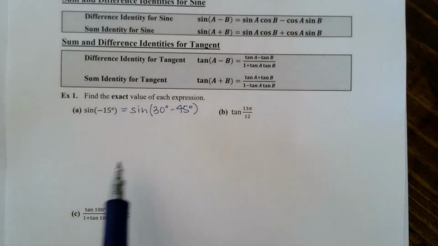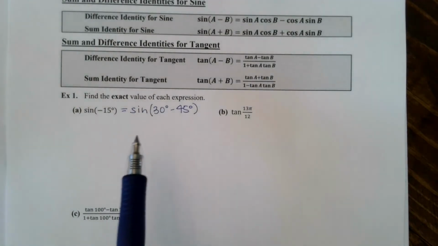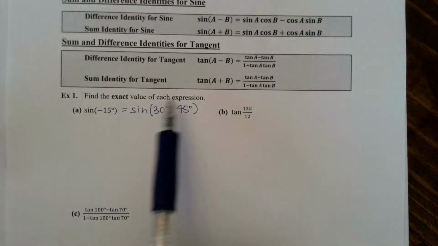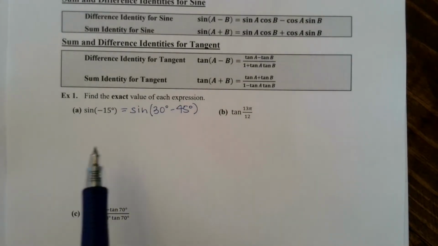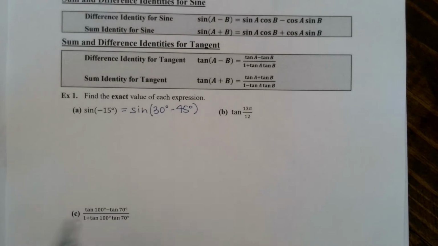There are other angles, of course. 30 and 45 aren't always going to be the ones that work out. You may need to use an angle that has a reference angle of 30, 45, or 60 degrees.